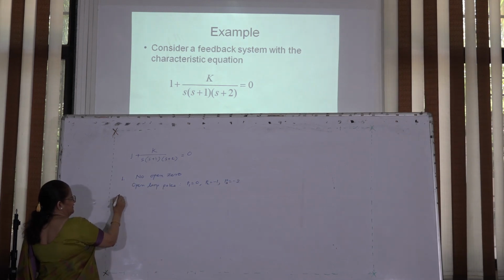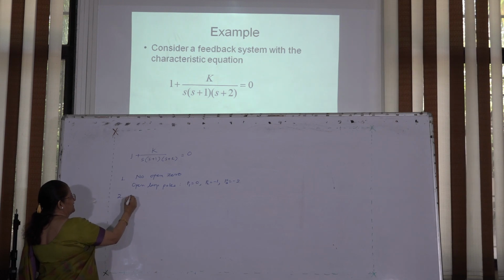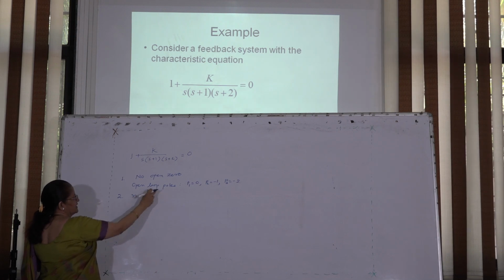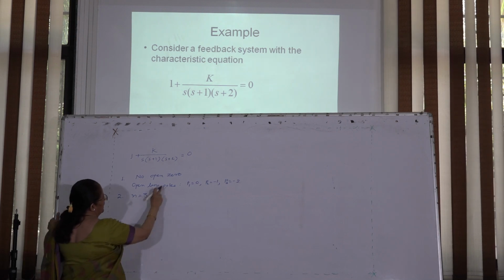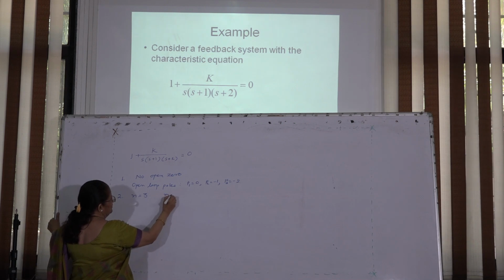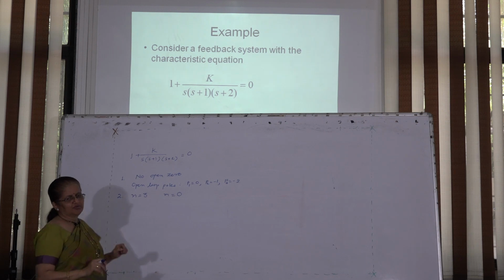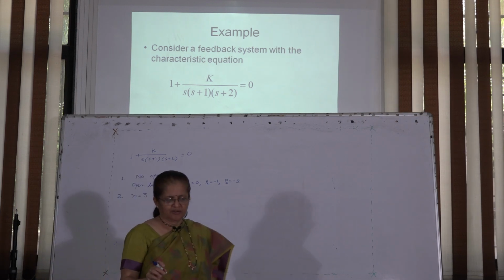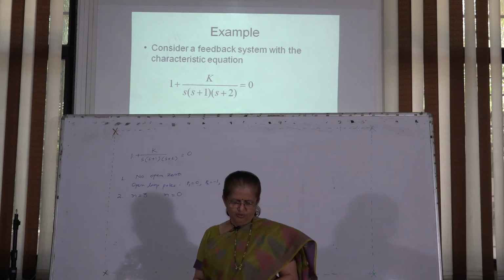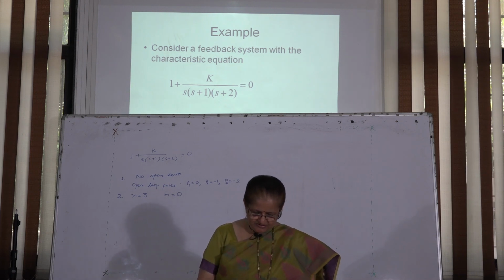In the second point we write the value of n. N is 3, as there are 3 open loop poles, and m is equal to 0, as there are no zeros. So we get n and m by considering the open loop poles and zeros.